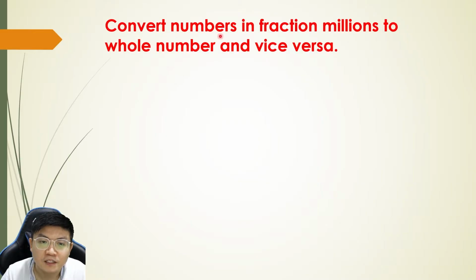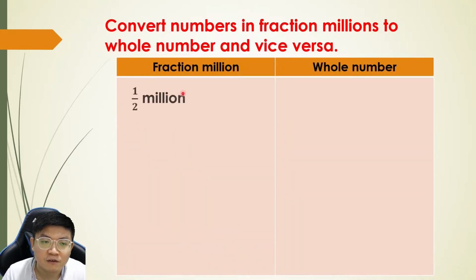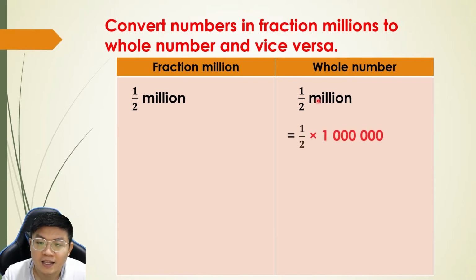Next one, convert numbers in fraction million to whole number. Given a fraction million such as 1 over 2 million, how do you convert to whole number? You write times 1 million. Whatever the skill is, when you convert to whole number, times 1 million. Here, I'm taking 10 to divide by 2.